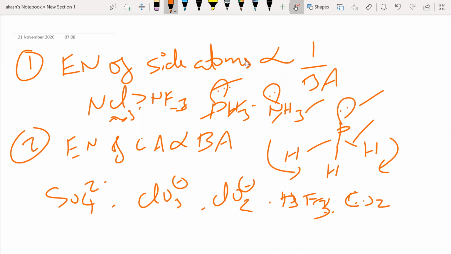Okay, so now I have all these compounds. It is pretty easy, right? So I want you to tell me the order of bond angle for all of these. Arrange them in the order of bond angle, either ascending order or descending order, doesn't matter.